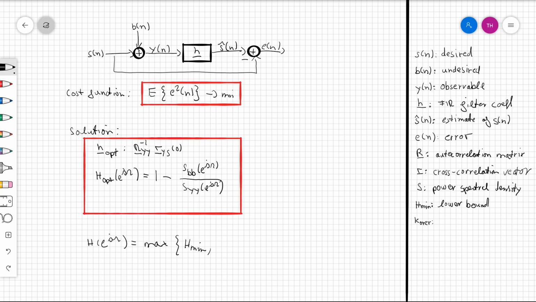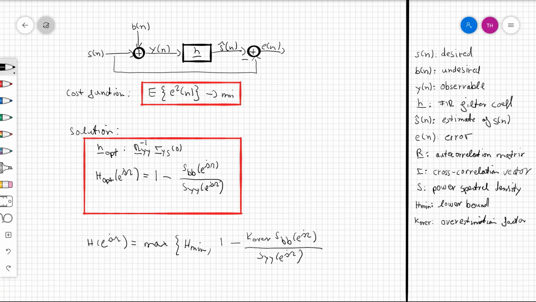And the second value we take then the maximum of is similar to our frequency domain solution up here. It's 1 minus, but we add an additional factor, K over. K over we call the overestimation factor. And then the rest is the common solution, SBB divided by SYY.